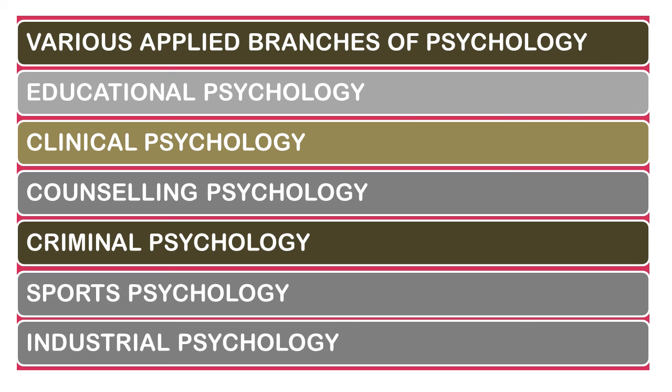The different branches of applied psychology that we are going to study in this chapter are educational psychology, clinical psychology, counseling psychology, criminal psychology, sports psychology, and industrial psychology. Now let's have a quick review of each of these.